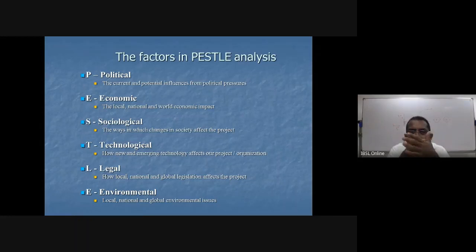There was a very strong movement made in India, be Indian, buy Indian. So they had something called Thums Up. So this movement pushed Coca-Cola to leave from India. So this is social pressure.